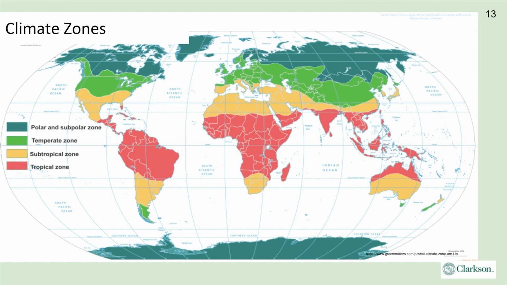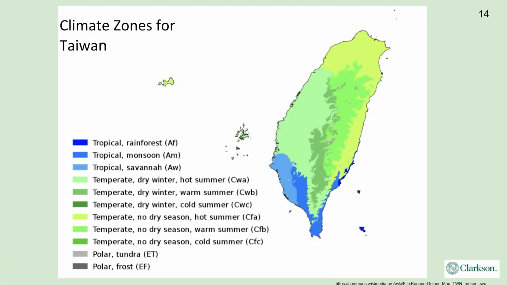The warmer regions are closer to the equator, and the cooler ones are closer to the poles. That's where I live, near the Great Lakes. And you live in a warmer region. So there are actually climate zones in Taiwan. So if you were to build a house, you would have to think where you're building your house in Taiwan.